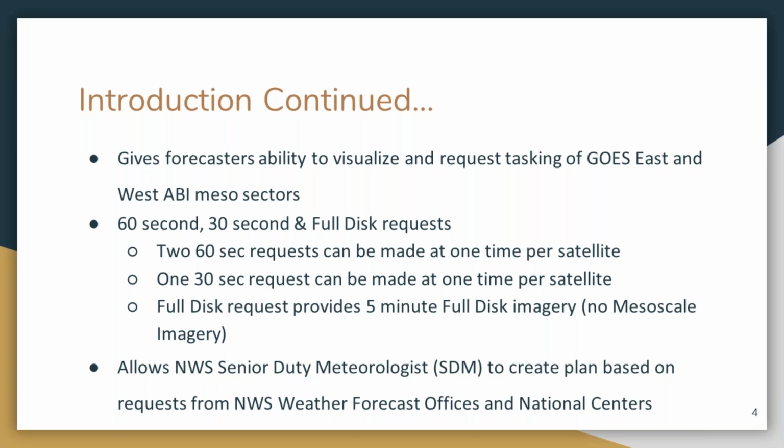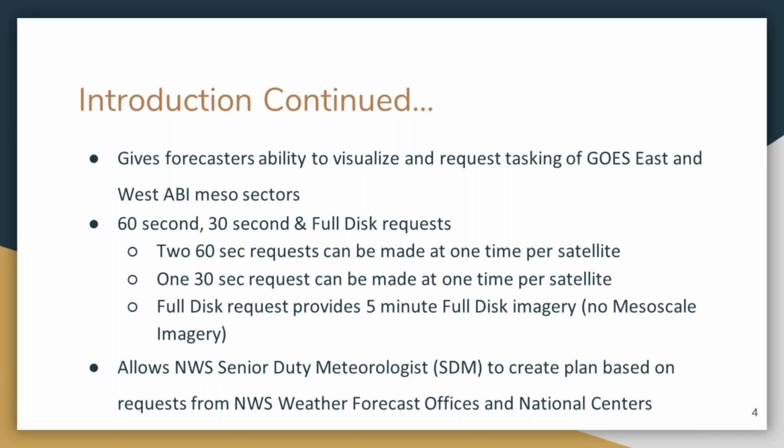It's bigger than that. You can go New England all the way down to like North Carolina. Okay, so Northeast, that kind of shape. Mid-Atlantic. Okay. So with both satellites, we can get 4 60-second mesoscales, or you can request them as 1 30-second mesoscale. So we in the team like to call this weather TV.